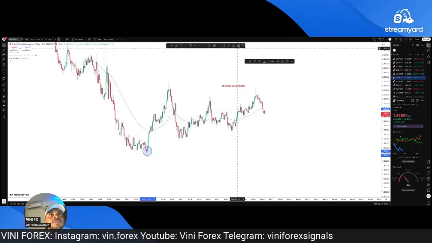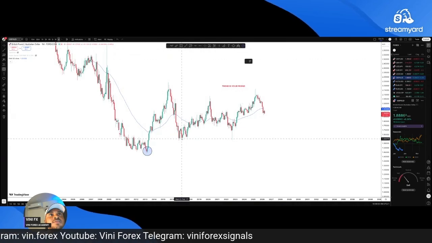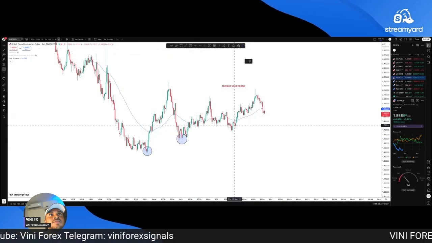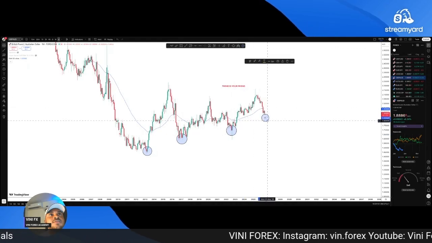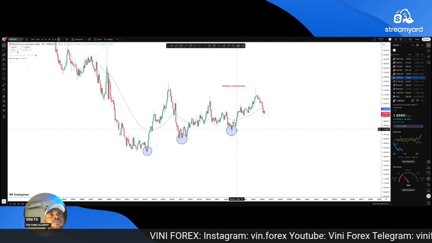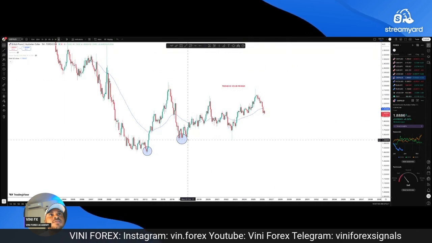This is the low, the second one right here, the third one right here, then it's coming to give you the fourth one. If you are not sure where this one will end, that is where your Fibonacci comes in.